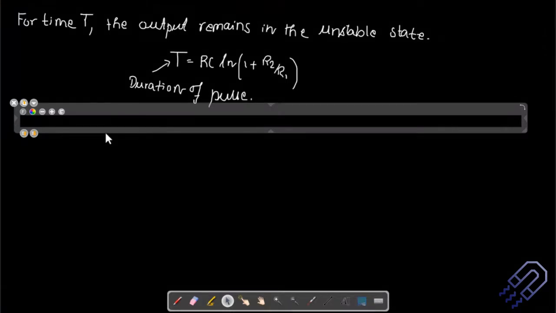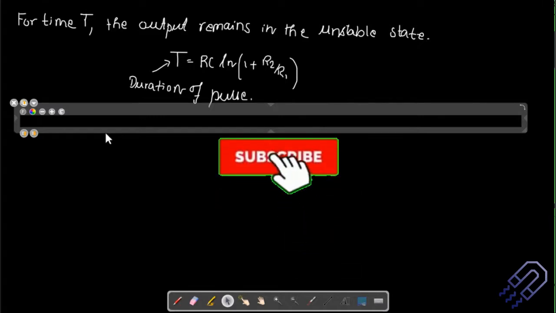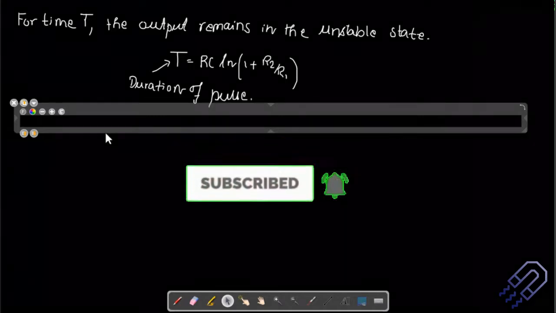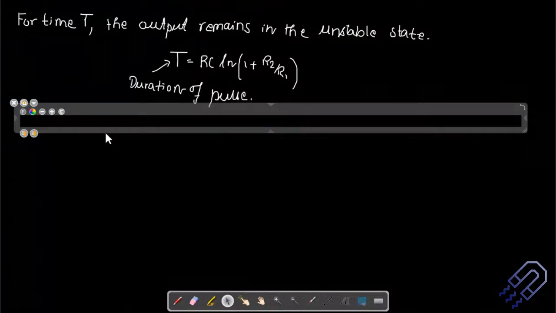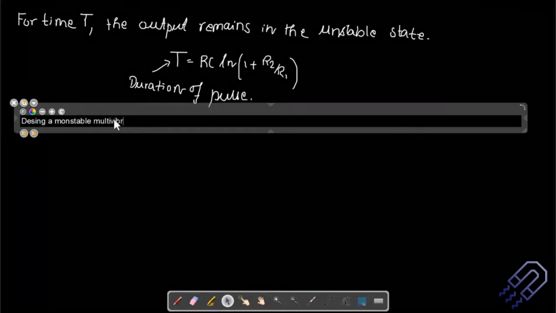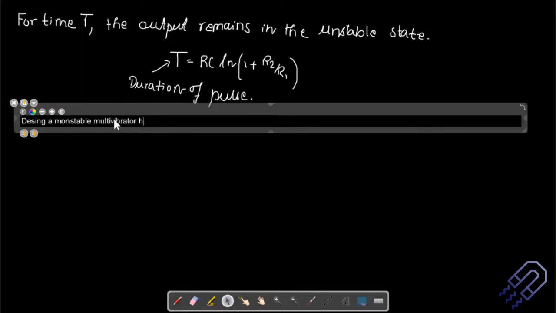The question might be something like this: design a monostable multivibrator having T, that means the time for which the pulse is applied, equal to 10 milliseconds. That's the question. You're not going to get any more information with the question.